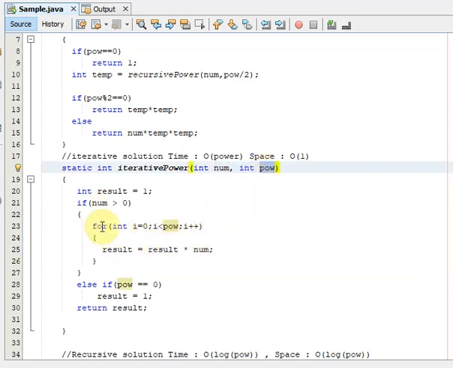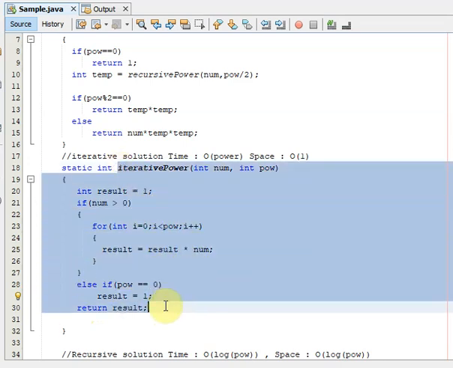I will iterate and compute the value, that is nothing but multiply it, not recursively but iteratively, power times that particular given number. Then I return that result directly, and in case the power is 0, I just return 1 because anything to the power of 0 is 1. So this is the iterative style of computing the power.